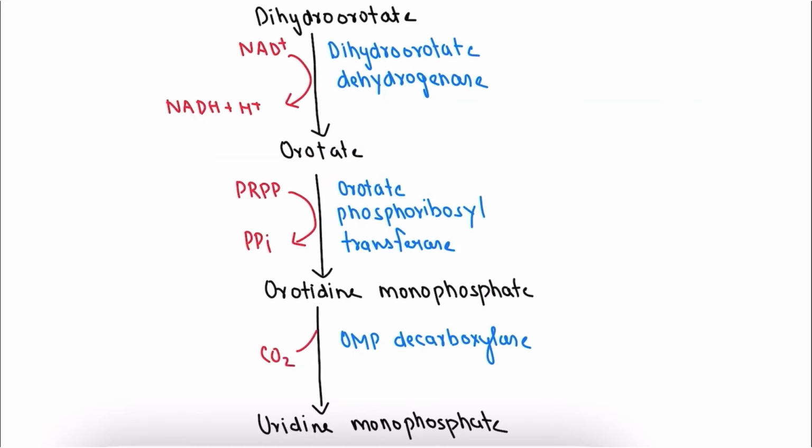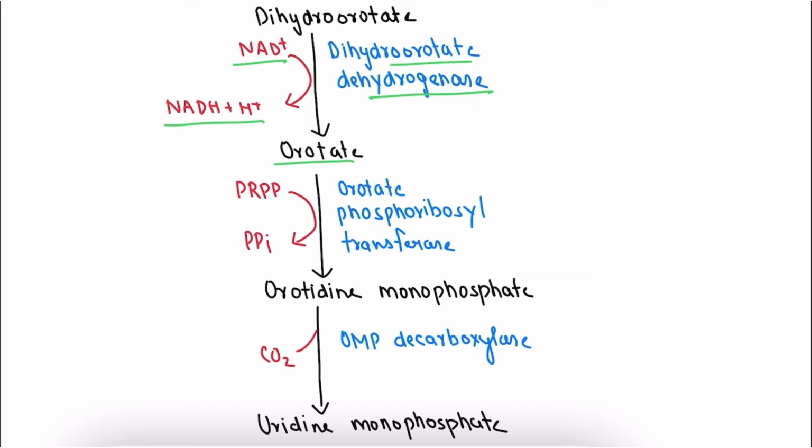Now coming to the second slide, this dihydroorotate which was formed earlier gets converted into orotate. The dihydro part is gone because of enzyme dihydroorotate dehydrogenase, and NAD plus gets converted into NADH plus H plus. So first you remember CGPA, then dihydroorotate, then orotate.